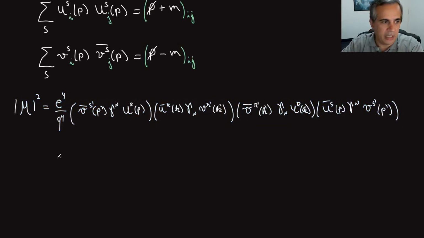And let me name all these indexes the same way I did in my notes. So I'll call this I, J, J, right?